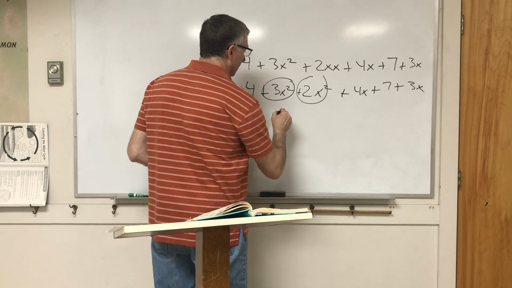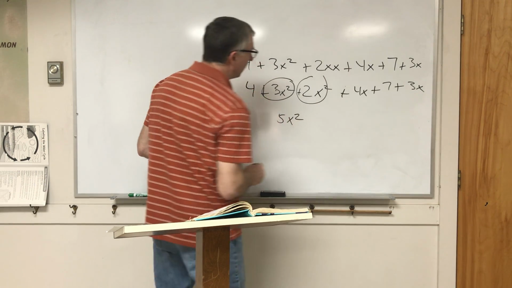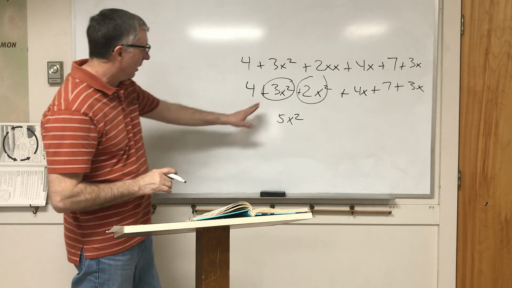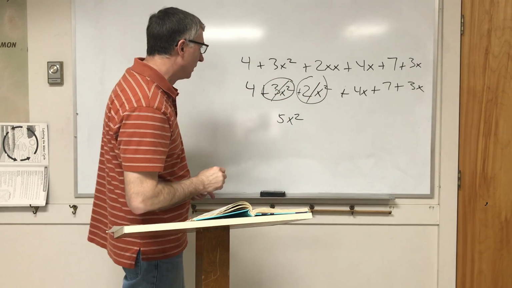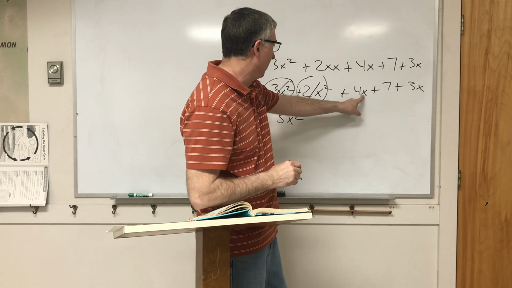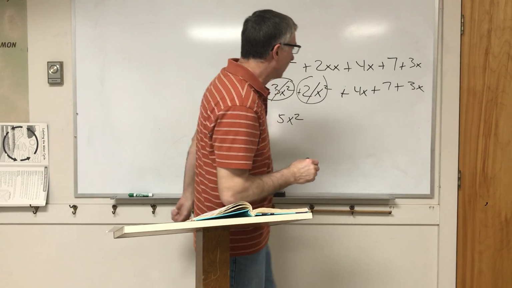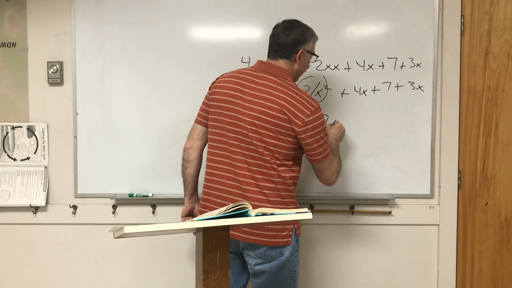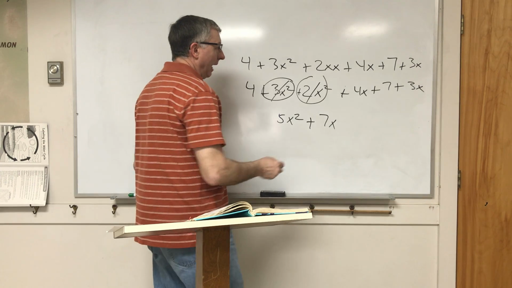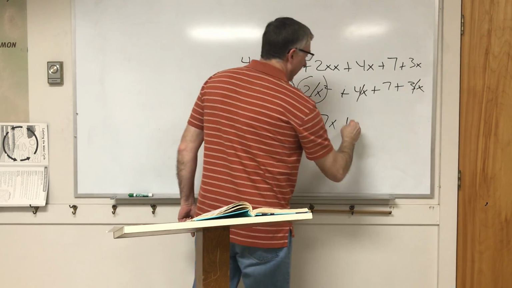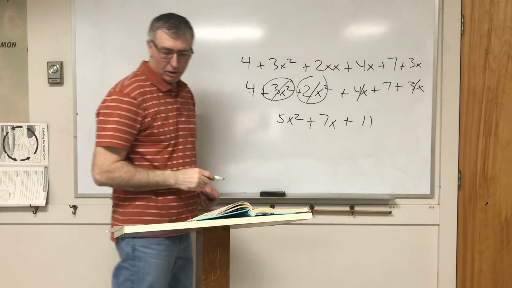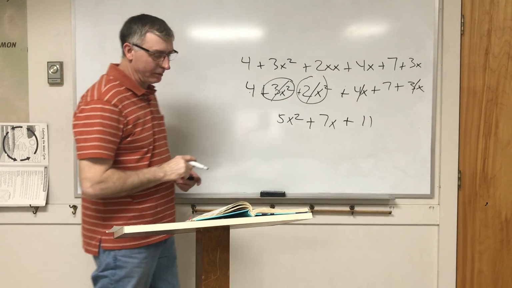And so 3 plus 2 is 5x squared. And so these are done, so I can cross those out. And then I have a 4x plus 3x, which would be a 7x. And then those are done. And then a 4 and a 7 would be an 11. So let's check that. 5x squared plus 7x plus 11.